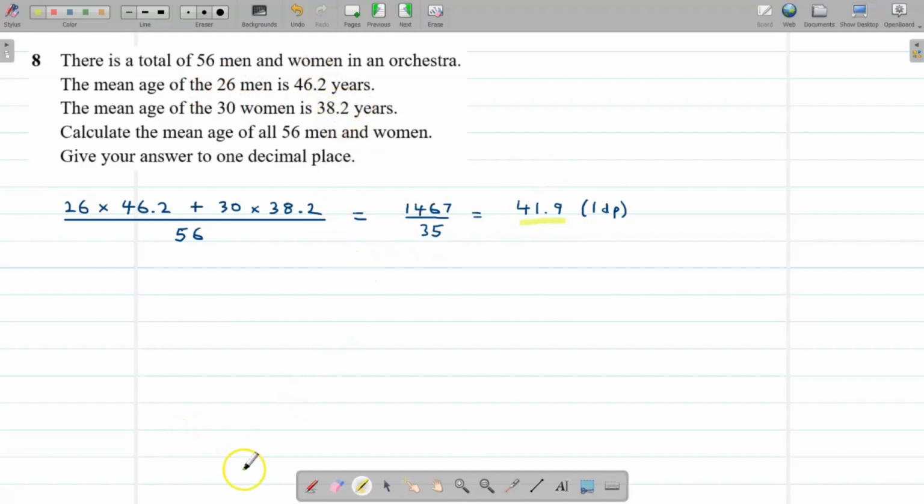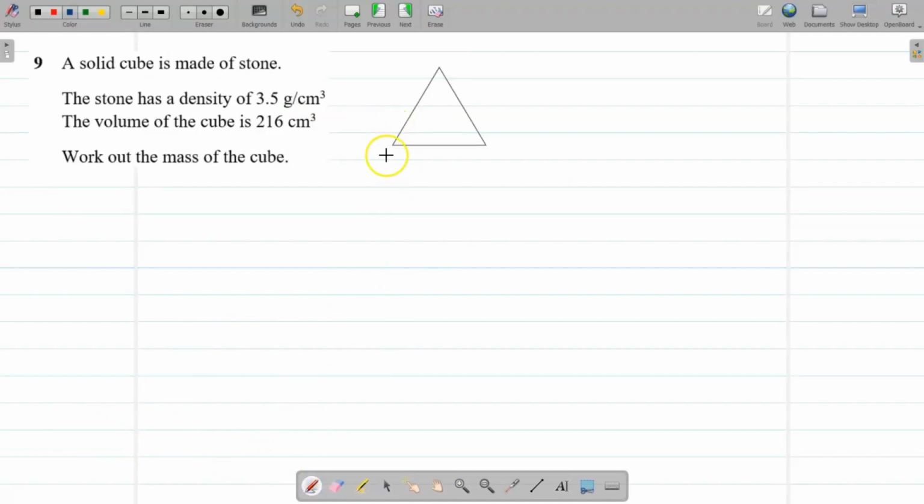This question is about density, and we have a way of recognizing that, and that is that density is mass divided by volume. So that means that the mass, which is what we need to find out, is density multiplied by volume.